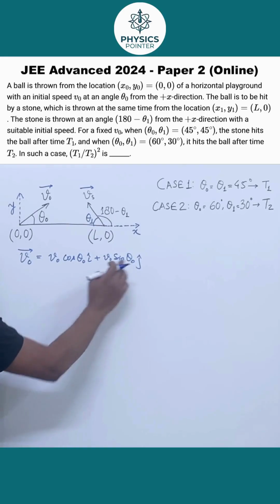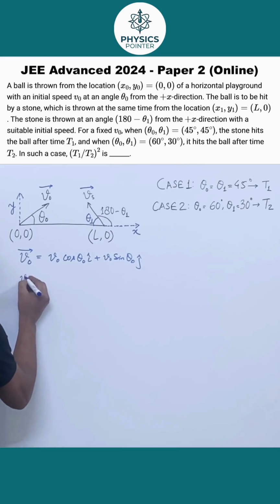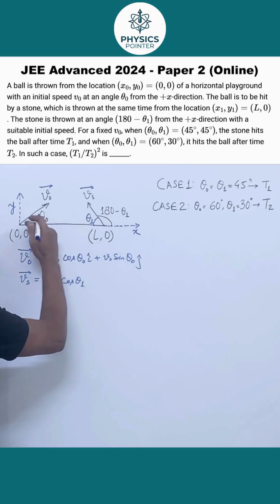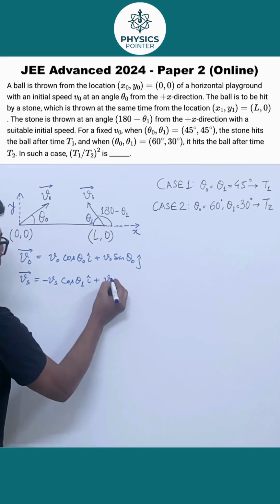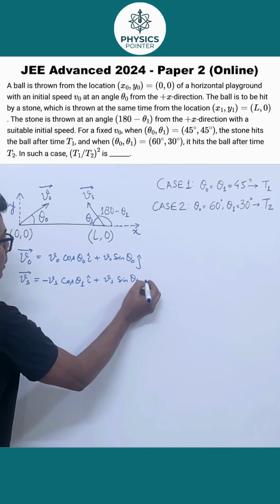These are the unit vectors in x and y direction. And what will be vs? Vs will be vs cos theta 1, but it's in this direction, so it's minus i, plus vs sin theta 1 j.